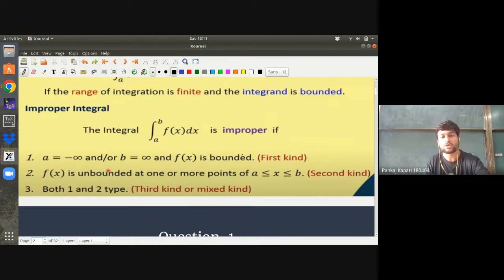Note that one of these values, a or b, must be infinity or minus infinity, and the function should be bounded for an improper integral to be of the first kind.